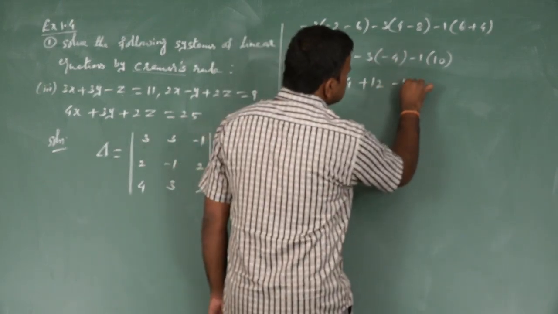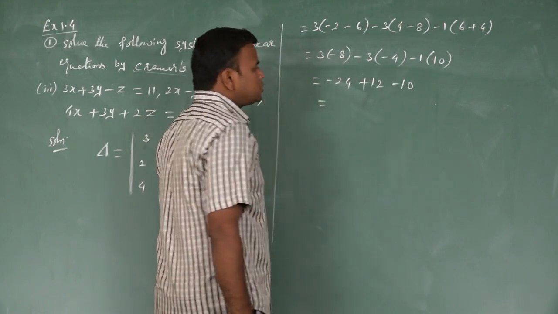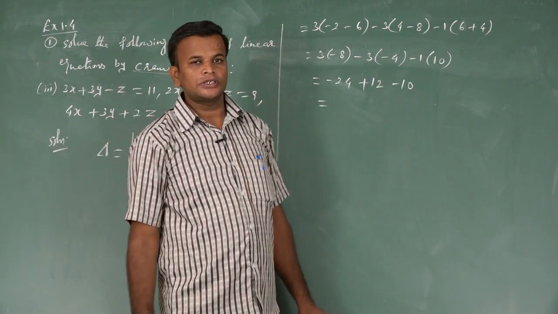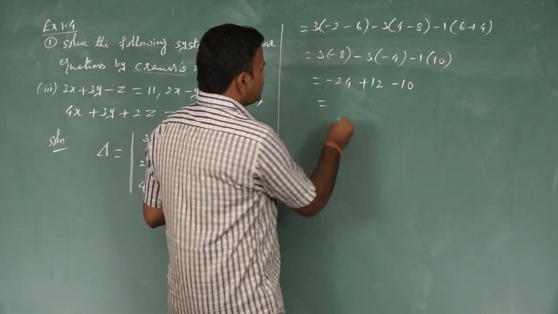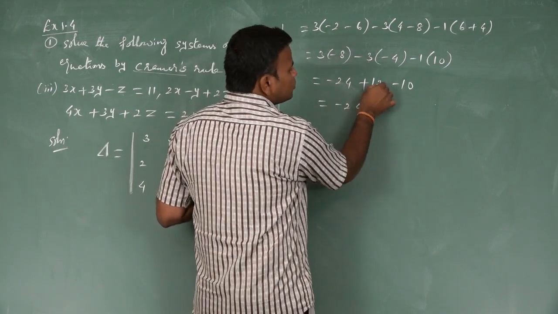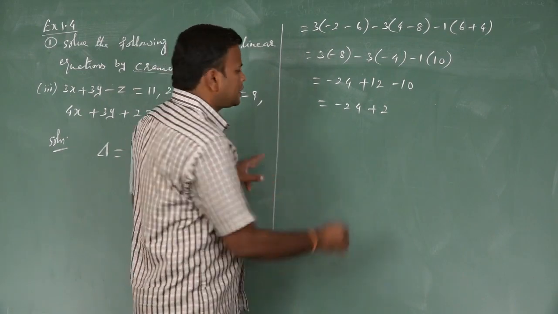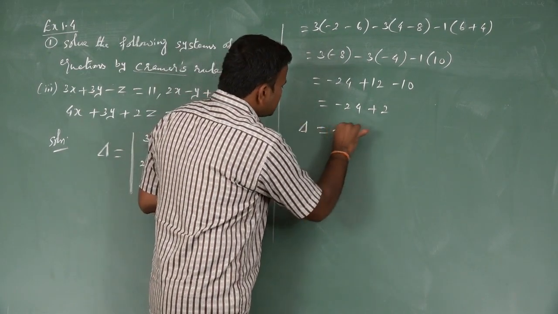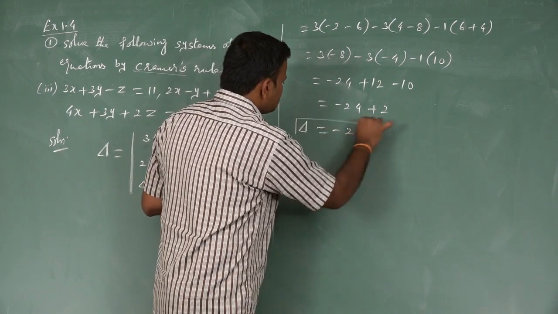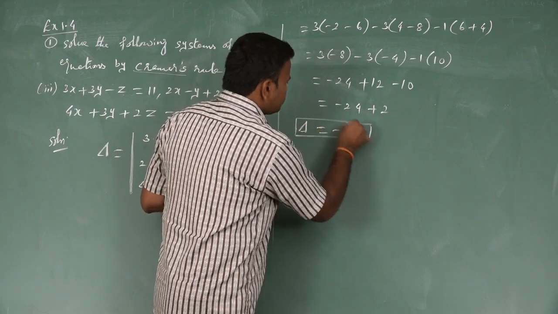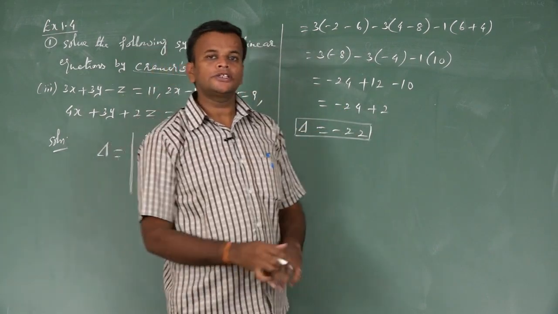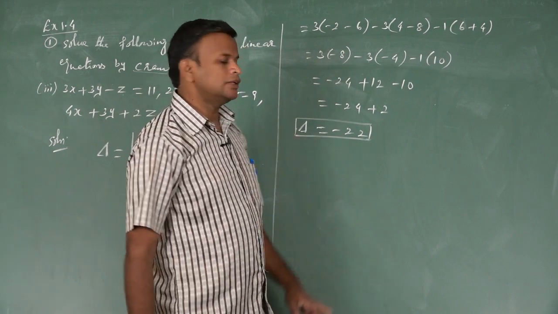Then minus 10. There will be two negative numbers and one positive number. The simplification is your choice. Simplifying: minus 24, 12 minus 10 is plus 2. Minus 24 plus 2 is minus 22. So the value of del is minus 22.